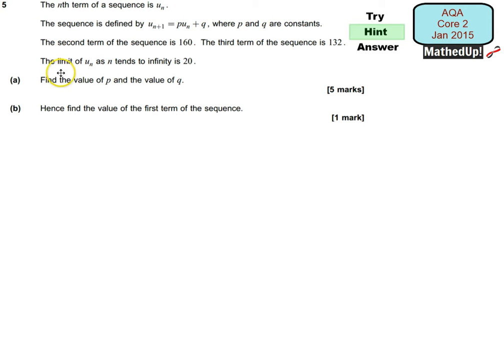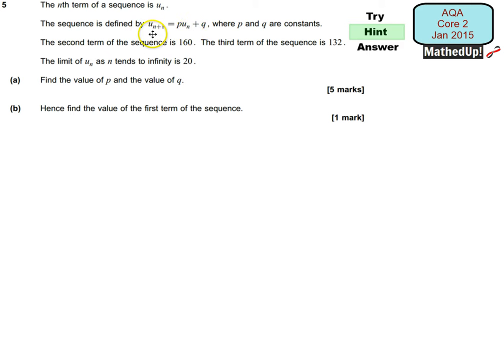We can then come up with another equation because we're told that as n tends to infinity, un approaches the limit, which is 20. So un and un plus 1, because they tend to a limit, are going to get closer and closer together, and closer and closer to 20.